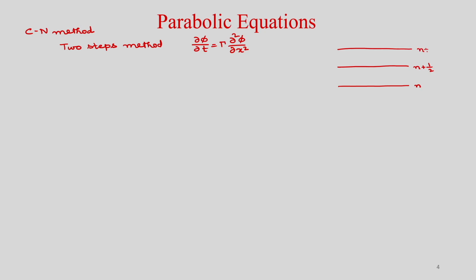So, you are going in 2 steps from 0 to delta t. This is the time step delta t by 2, and when you are going from n plus half to n plus 1, this is also del t by 2.